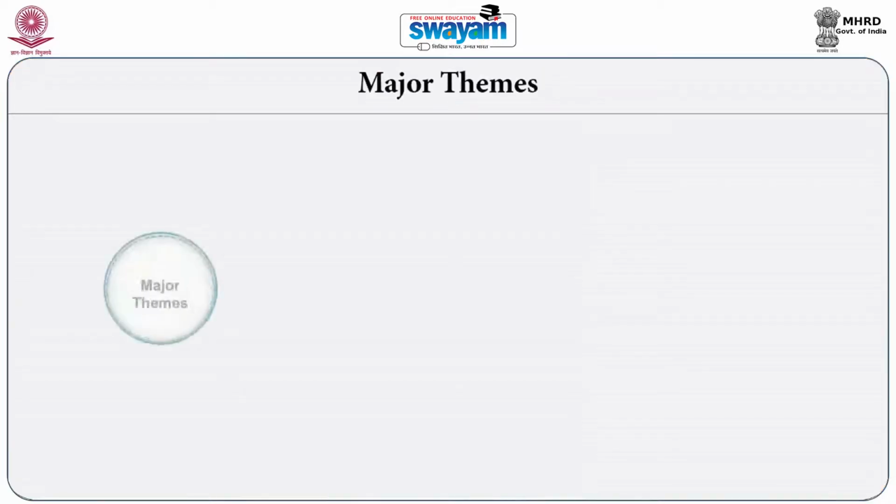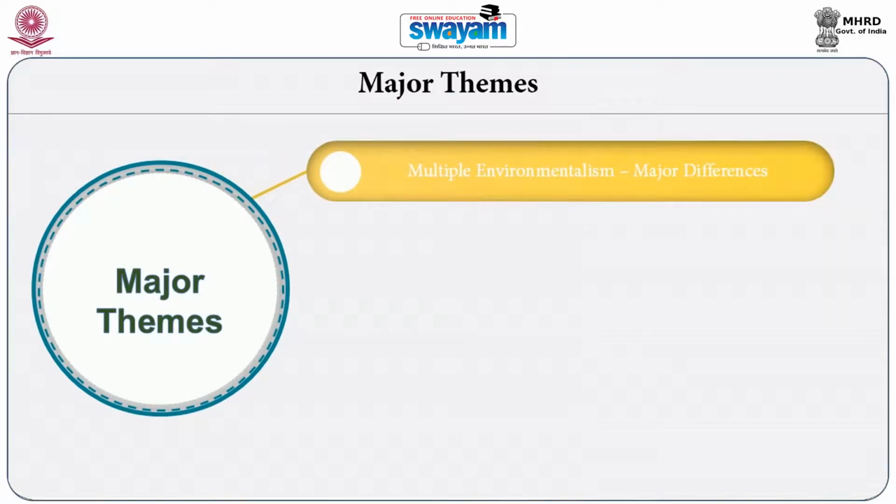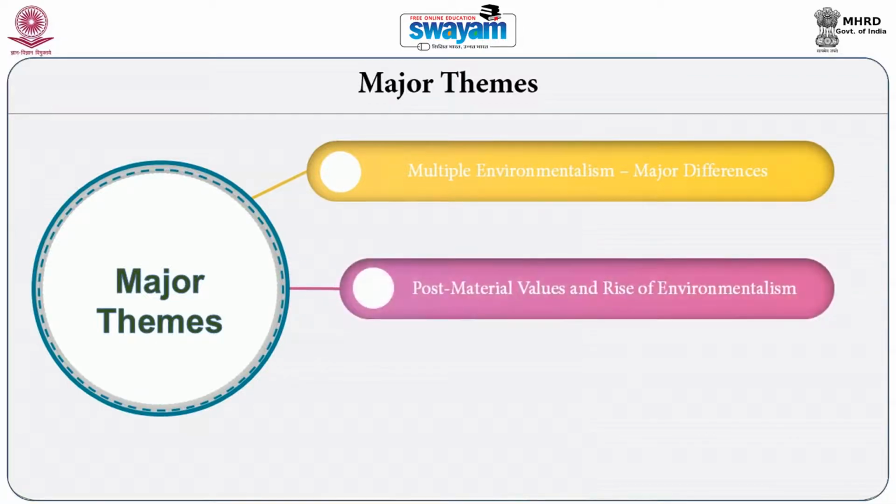In today's class, we will discuss three main topics. We will begin with multiple environmentalism, where we will discuss the two broad varieties of environmentalism. Secondly, we will discuss post-material values and the rise of environmentalism, where we will discuss how post-material ideas or values resulted in the emergence of environmentalism in the industrialized countries of Western Europe and North America.